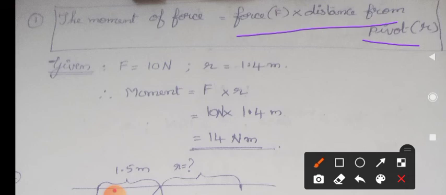Therefore, by applying the above formula, moment equal to F into R, that is force equal to 10 N multiplied by 1.4 meter. What's the answer? Yes, that's correct. 14 Newton meter is the moment of force.